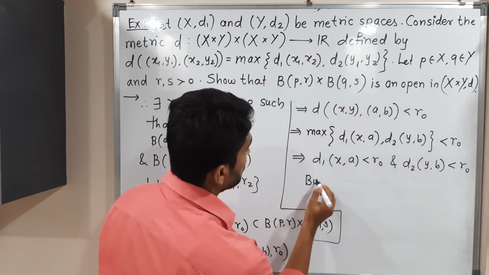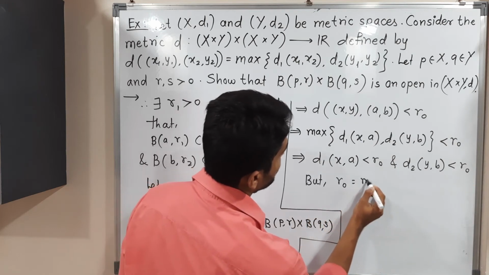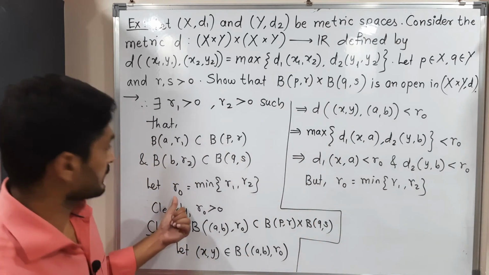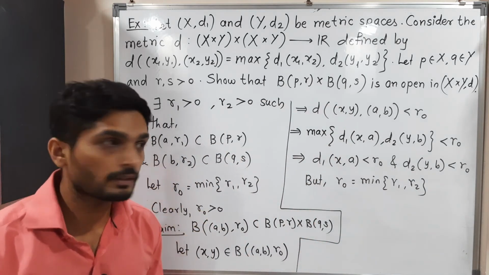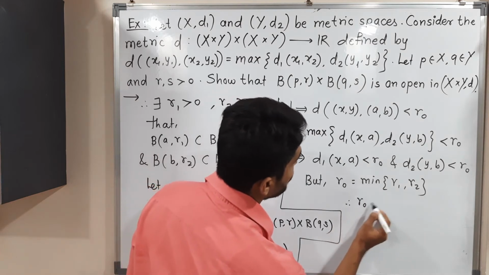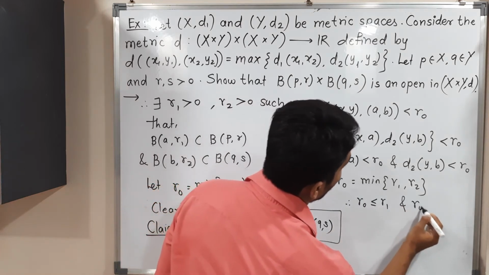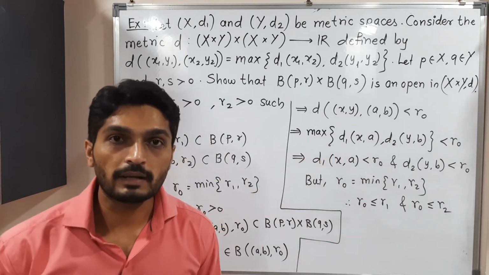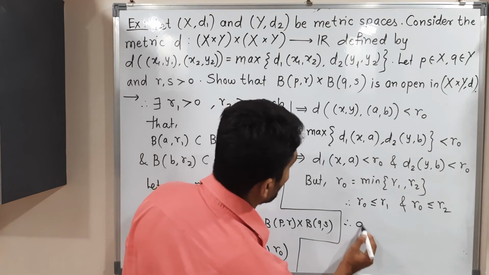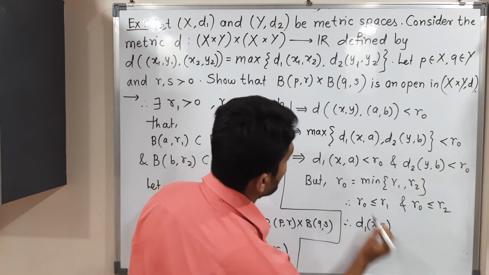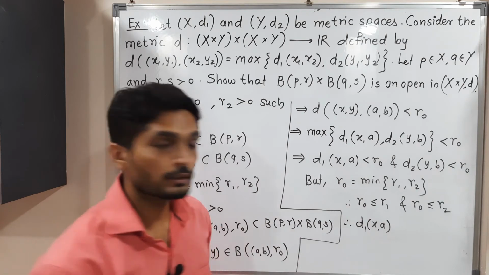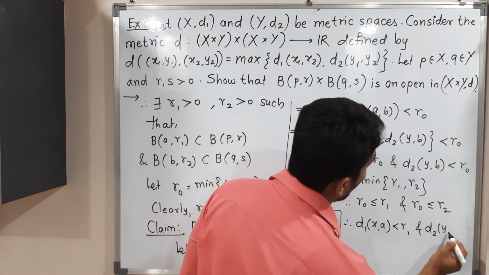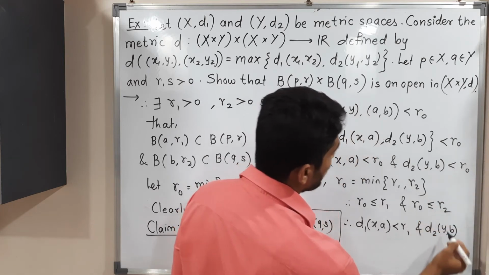But you remember the definition of R0? R0 is the minimum of R1 and R2. So R0 is less than or equal to R1, and R0 is less than or equal to R2.